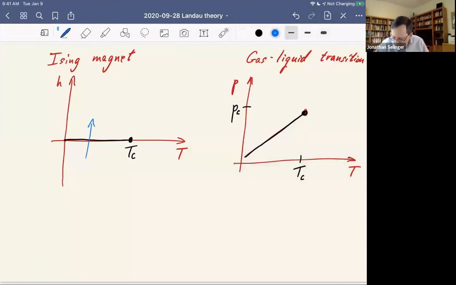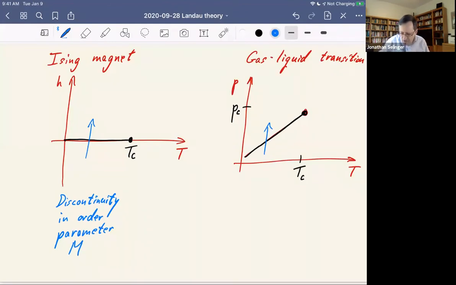So if you cross the solid line like that or like that, then there is a discontinuity in the order parameter, which in the magnetic case, that's the M. The same kind of thing in the gas-liquid problem.